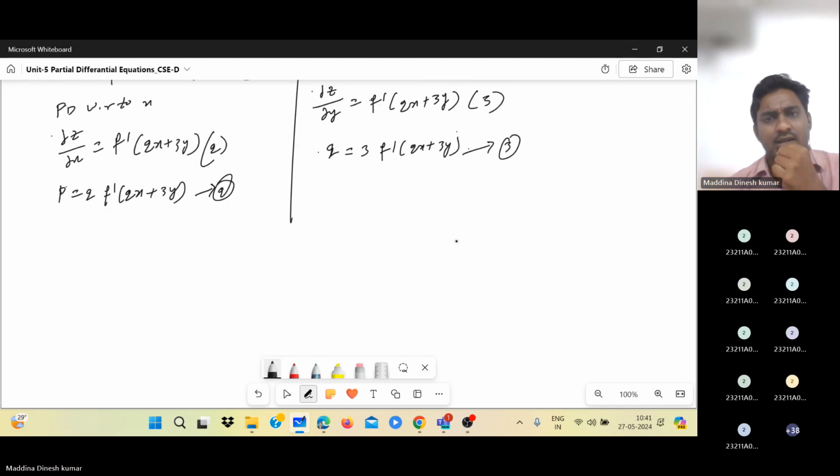Now, as I said earlier, it's our wish whether we do addition, subtraction or division. The possible calculation we need to do, but the thing is, we need to eliminate this arbitrary function f. Here, if you see equations 2 and 3, if you divide these two, f dash will vanish out, meaning the arbitrary function will be eliminated, and you can get the required PDE. So the same thing I'm going to do.